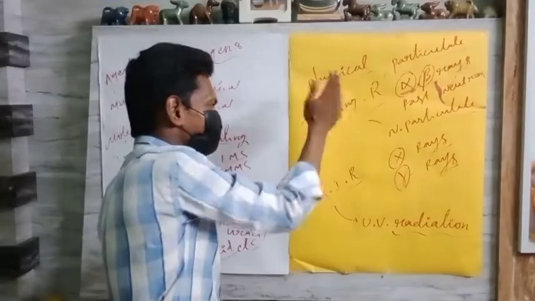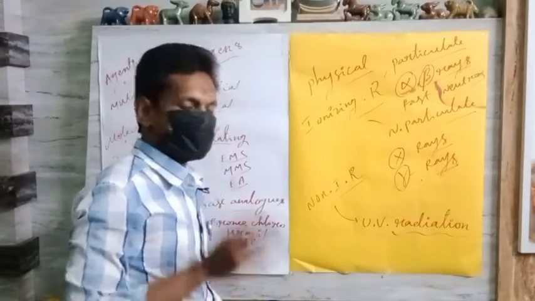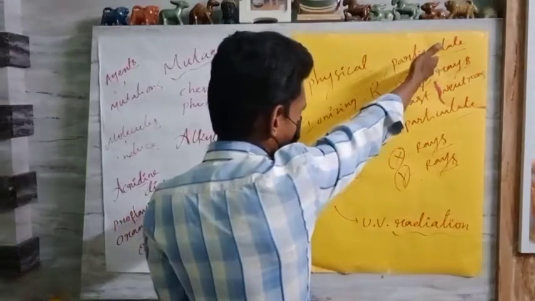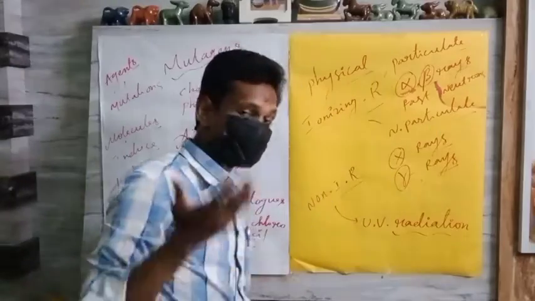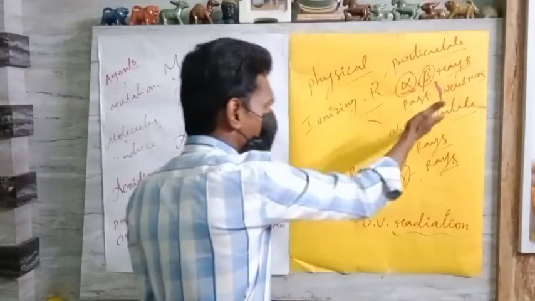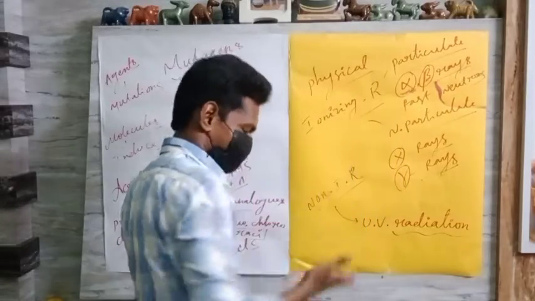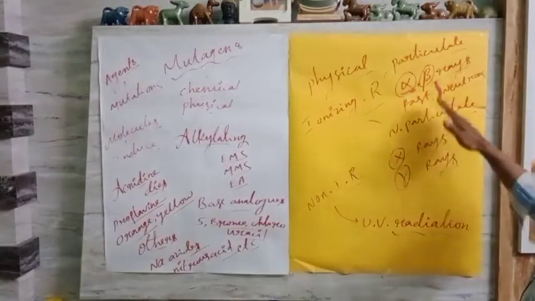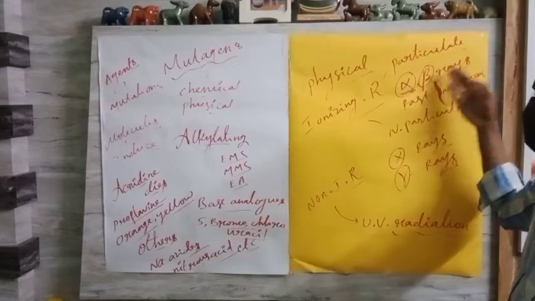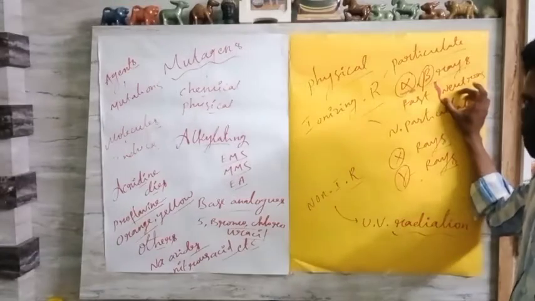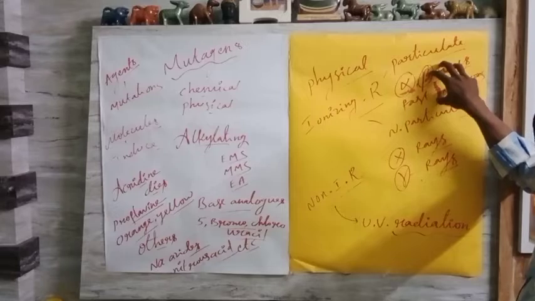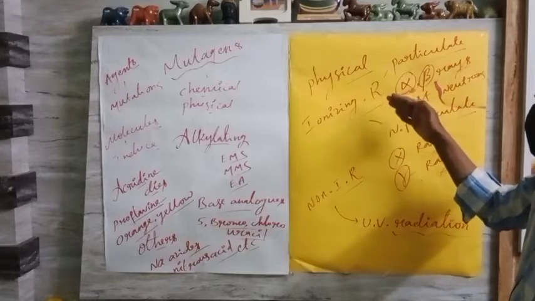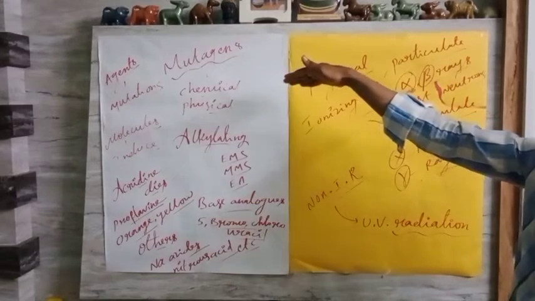Then these ionizing radiation mutagens are broadly categorized under 2 subtypes: particulate ionizing radiation mutagens and non-particulate ionizing radiation mutagens. So particulate, non-particulate. Particulate, in the sense, alpha rays, beta rays and fast neutrons. So these 3 types of mutagens come under physical ionizing radiation particulate mutagens. Are you clear?